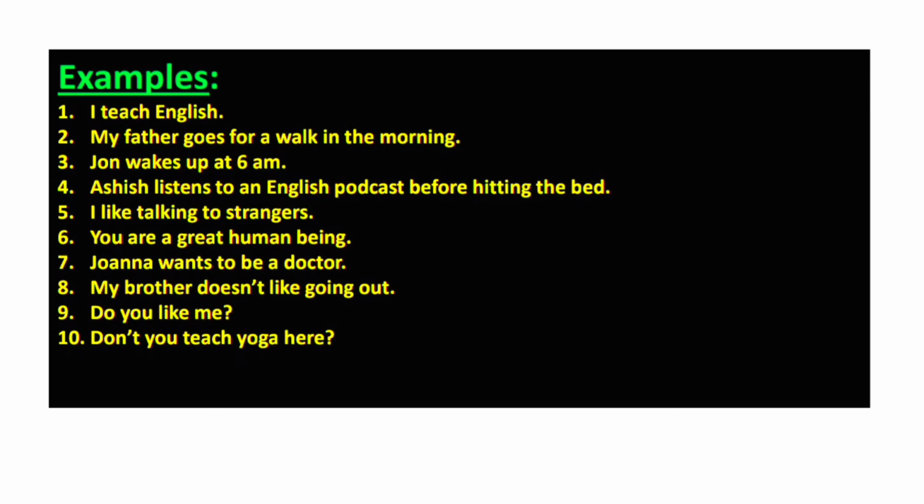John wakes up at 6 a.m. Here wake is the first form of the verb and John is the subject of wake. John is a singular noun, so we will use wakes, not wake.